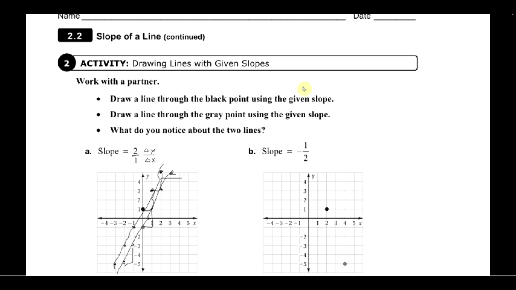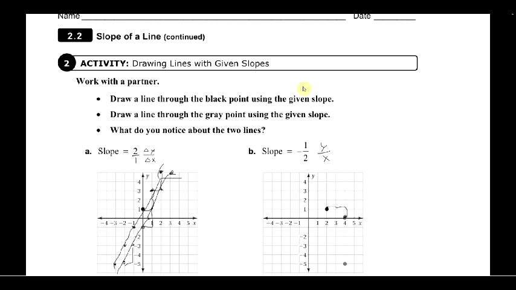Let's do the same thing, but with these dots that are a little bit farther apart. Remember, we have our change in y on top over our change in x. And if it's negative, it means our line's going to go down. We'll get used to this. So with this black dot, we'll go over 1, 2, down 1.